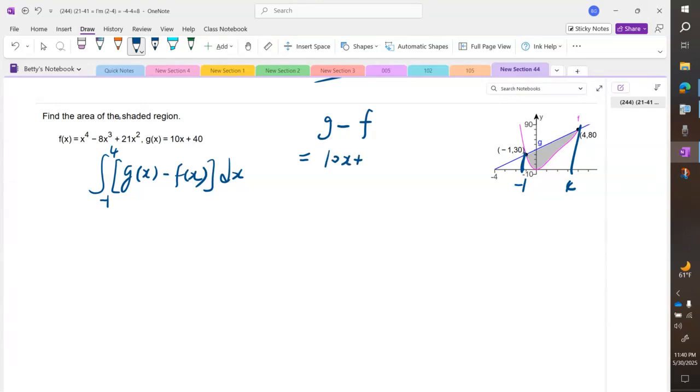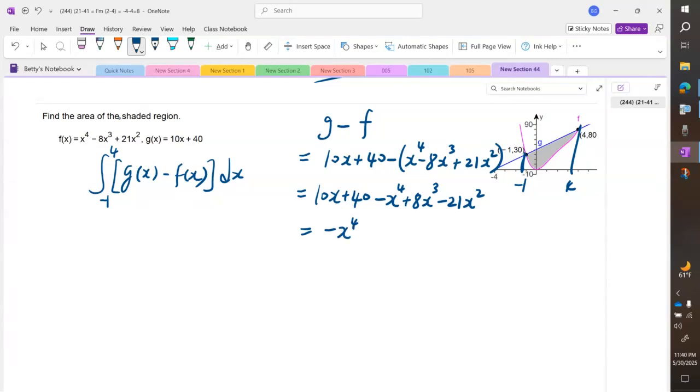G is 10x plus 40. F is x to the power 4th minus 8x cubed plus 21x squared. So 10x plus 40 minus x to the power 4th plus 8x cubed minus 21x squared.